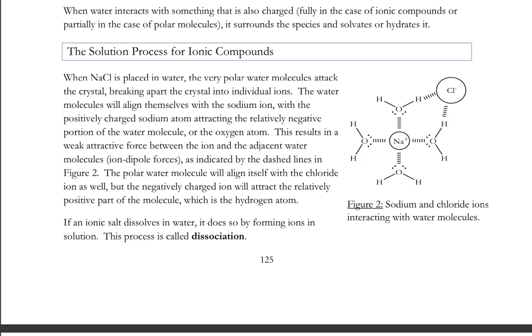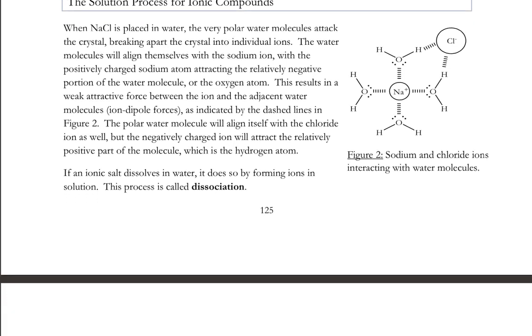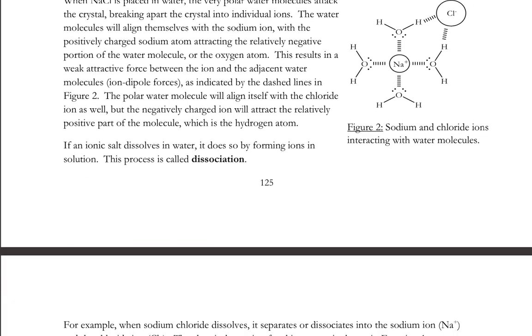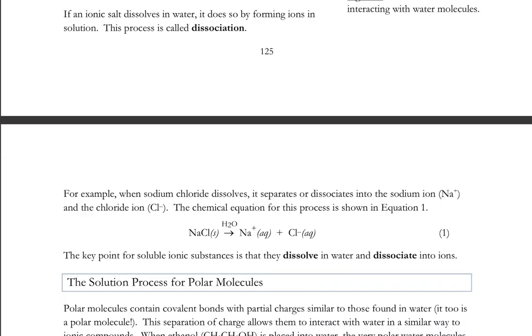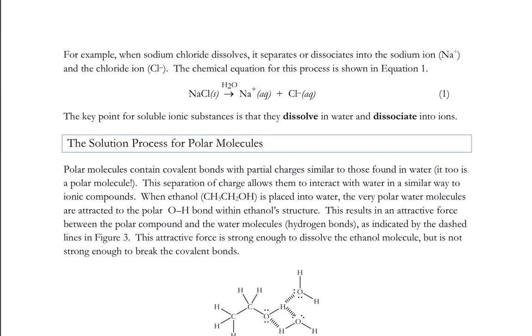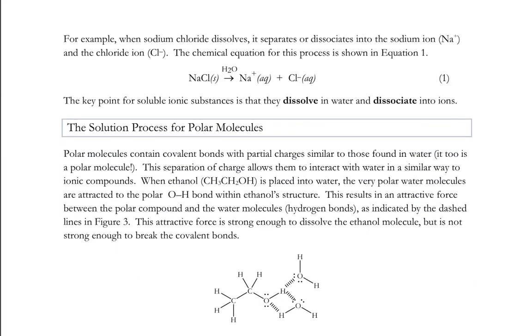And that process is dissociation, where the sodium chloride fully becomes separated ions in solution. And we can write out that reaction as is shown in equation 1, NaCl solid dissolving in water to form Na plus aqueous plus Cl minus aqueous.